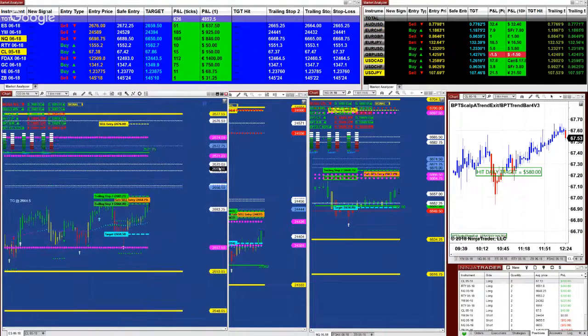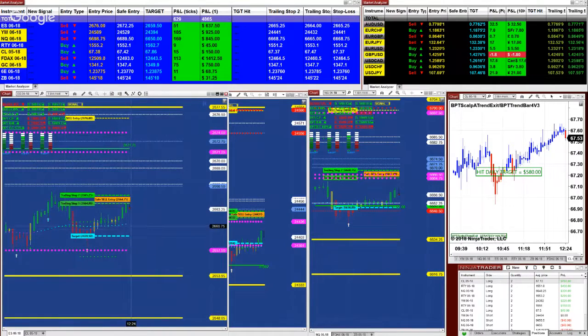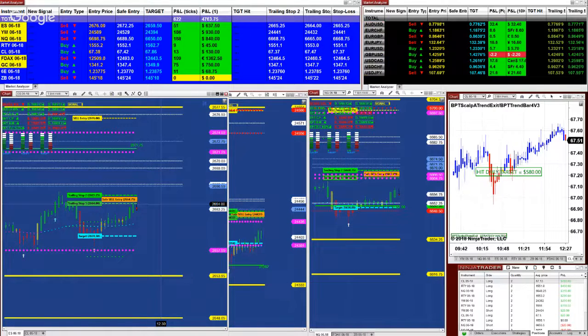And look at this, folks. Look where this ES came in, exactly to the same number. One more time. Look at this. And this is exactly how I drew the picture for you 10 minutes ago.